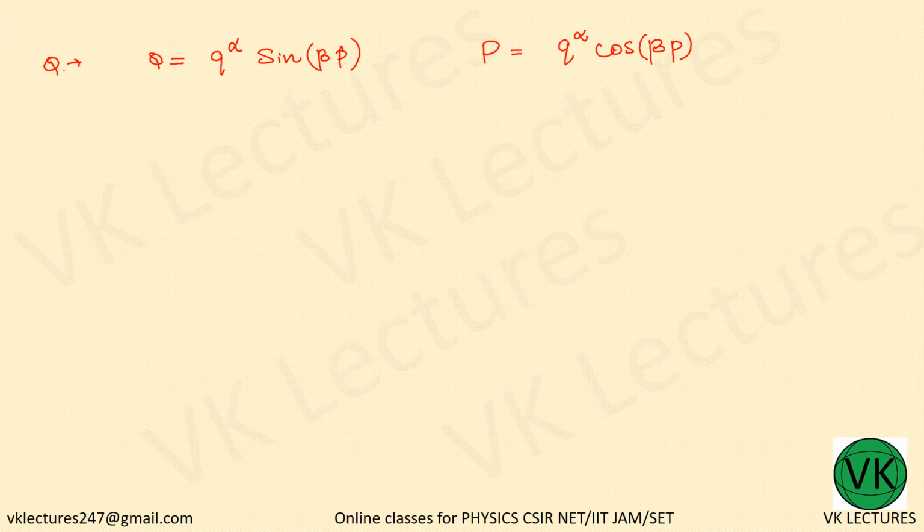Now the question is to find alpha and beta if the transformation is canonical.